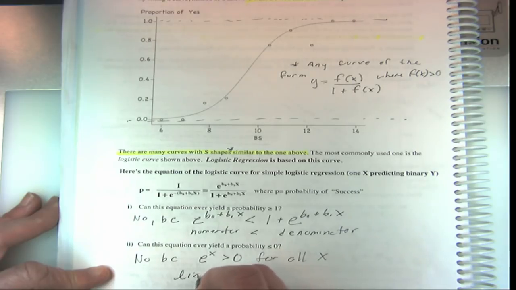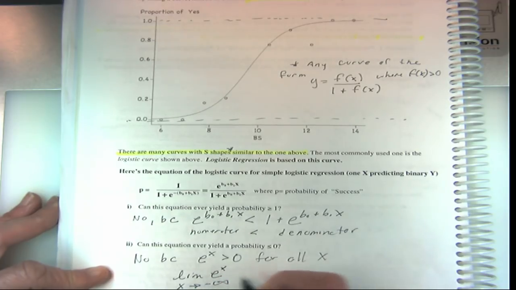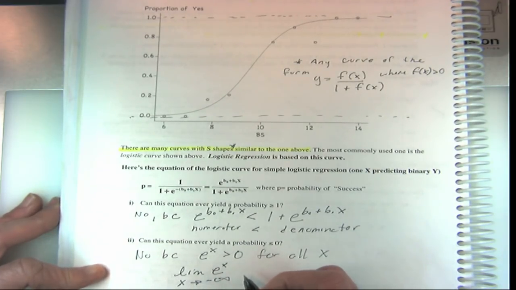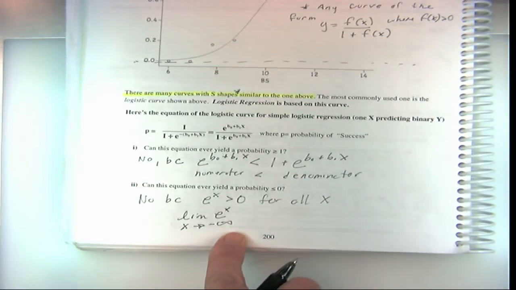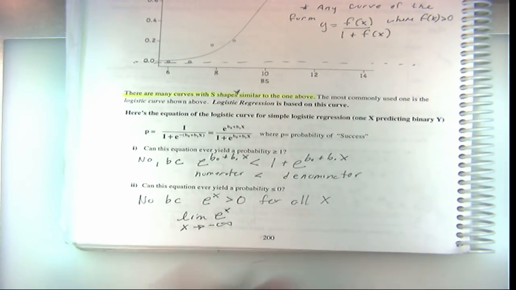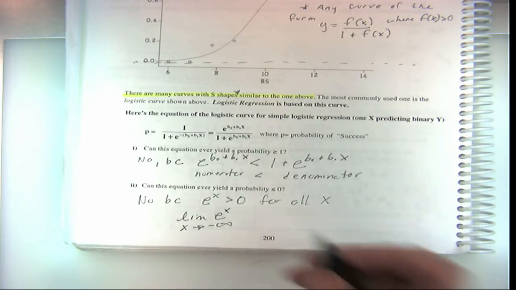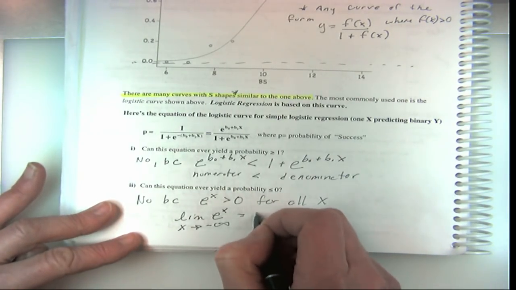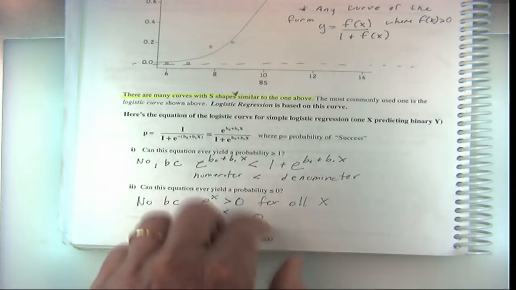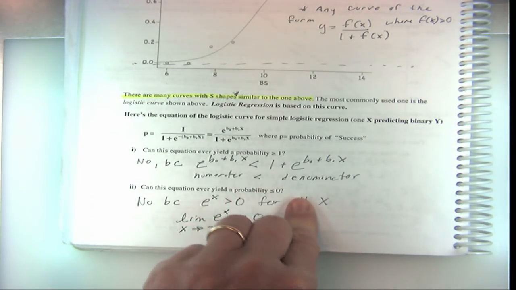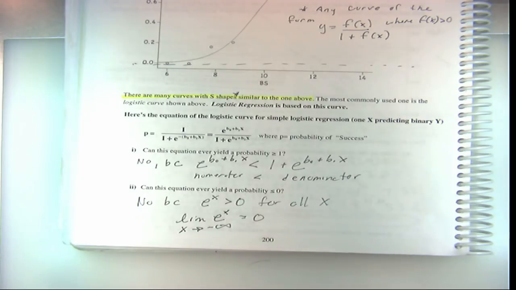The limit will be 0. So it's always going to be greater than 0.